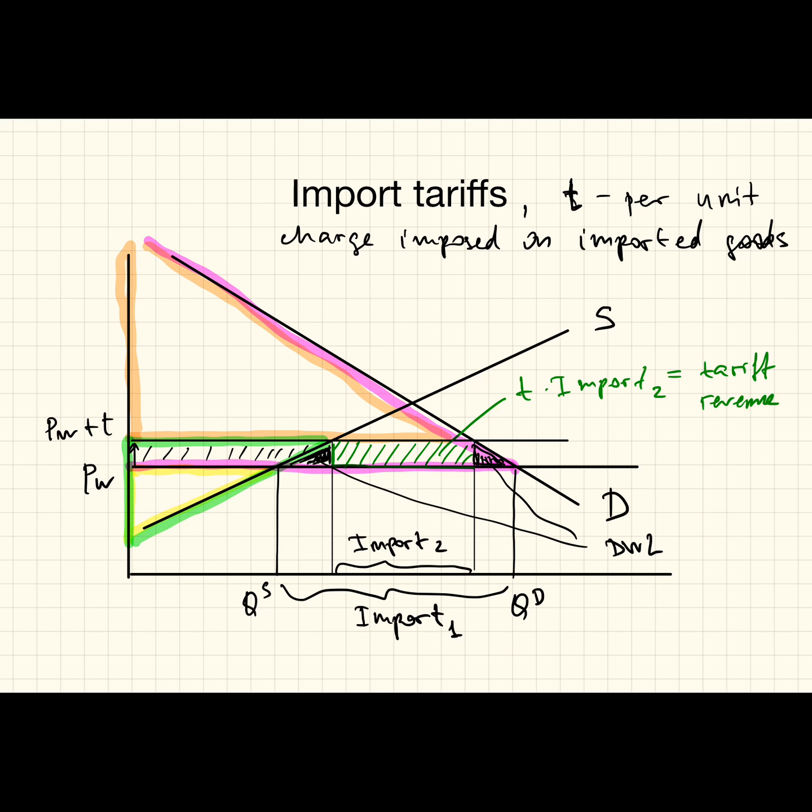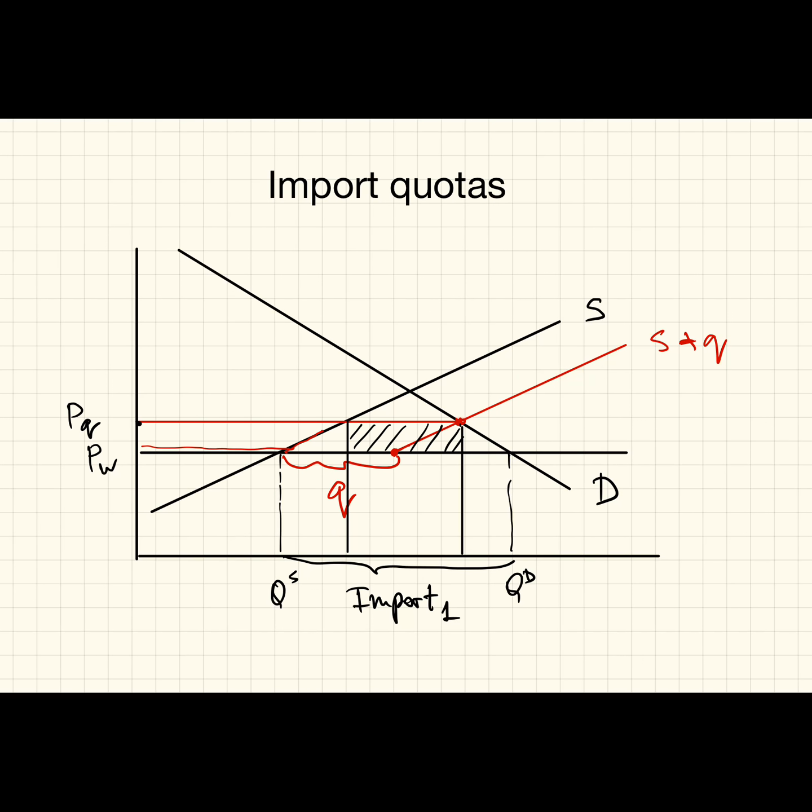It looks very similar to this area, right? But it has a different meaning. It's not the money collected by the government. This is the revenue that importers are now able to get. So whoever is lucky enough to be included in this list or be part of this business, importing stuff, can now get really good money, basically buying stuff cheap abroad and selling it high domestically.